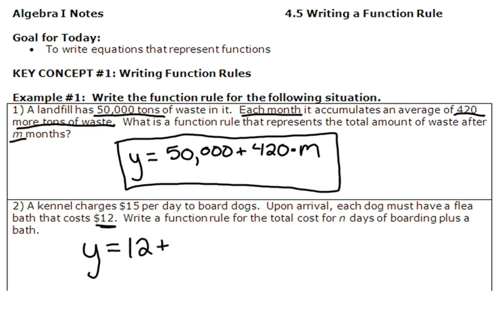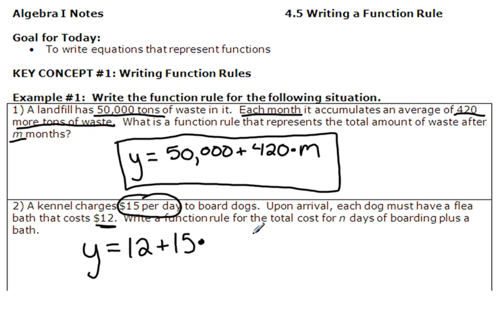Plus, it's going to cost them $15 per day to board the dogs. So every day that they stay, they're going to have to pay an additional $15. So I do plus $15 times the number of days that they stay. Because if they stay 1 day, right, they would be charged $15 plus the $12 for a flea bath.